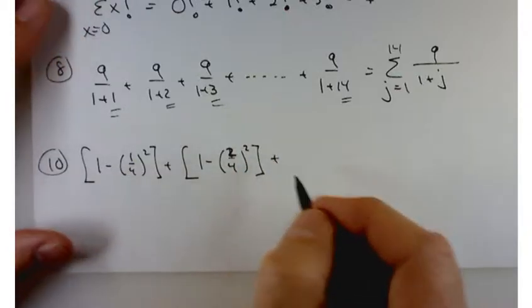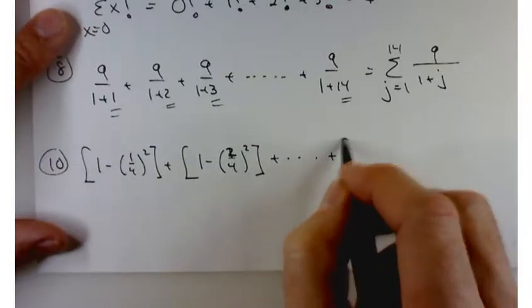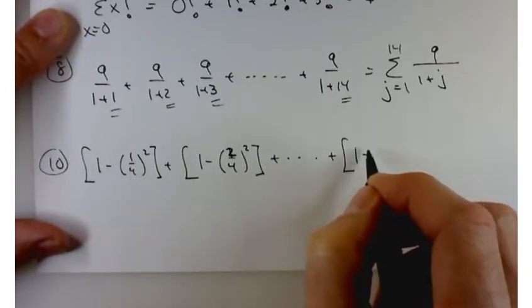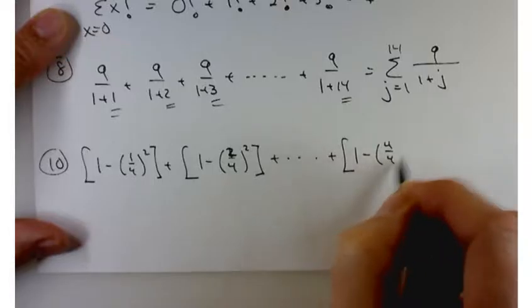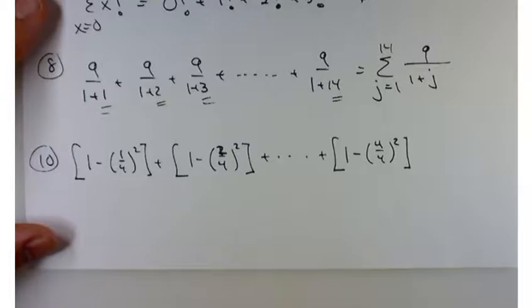And they go dot, dot, dot, as if they're leaving out a lot, right? 1 minus 4/4 to the second power. So really they left off like one term, right? But whatever.